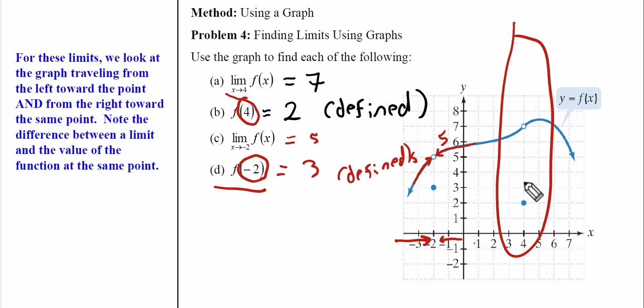Okay? But since there is, then we have it to be defined. If, for example, this graph had nothing here at all, okay, then that's when we get the situations as we did with previous problems where we said, okay, at f of 4, it was undefined because there was just an open circle and nothing ever filled it in anywhere ever.